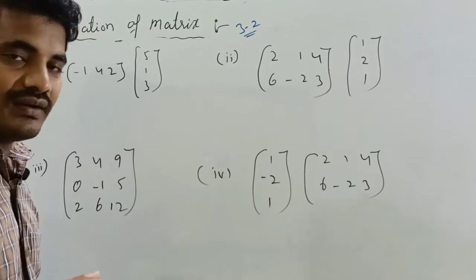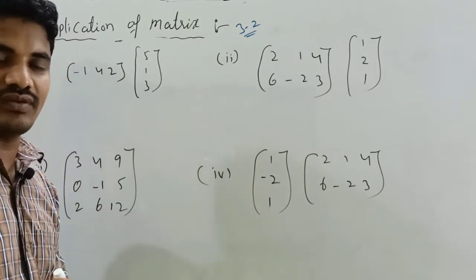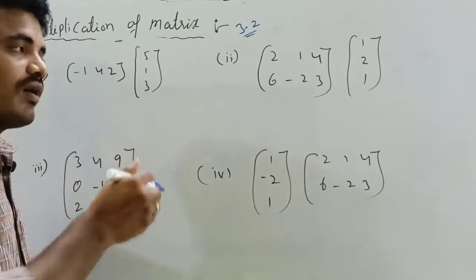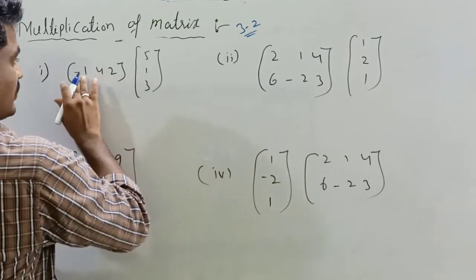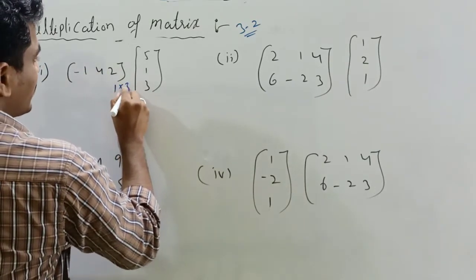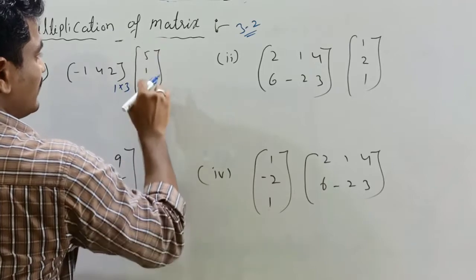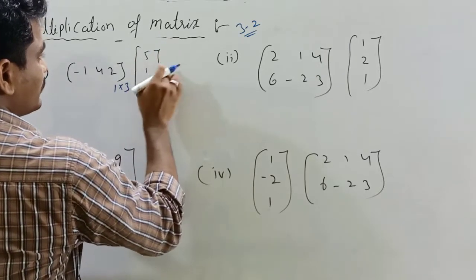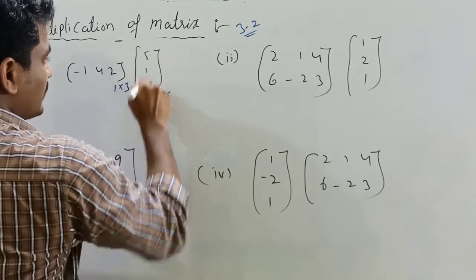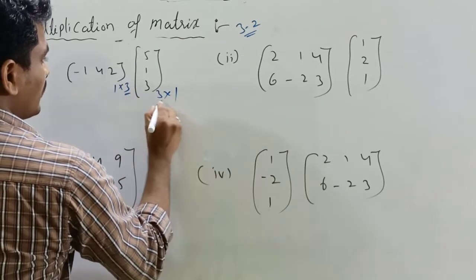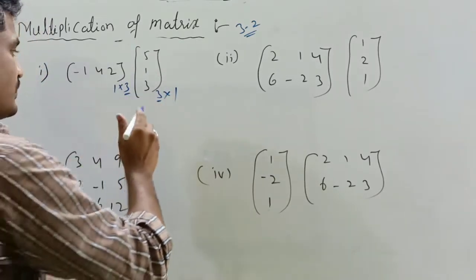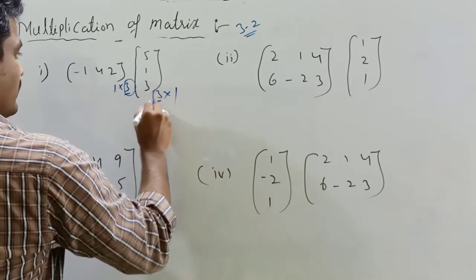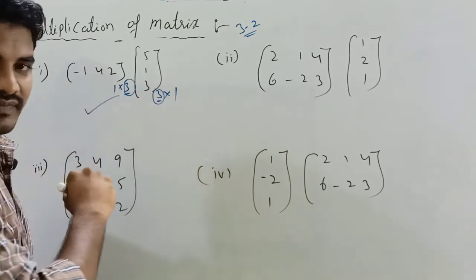To check whether matrix multiplication exists or not, we first need to write the order of the given matrices. So we have one row and 3 columns, and here 3 rows and 1 column. The number of columns and the number of rows are equal, so it exists.